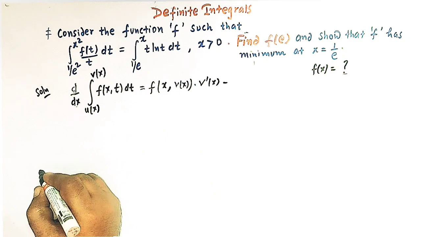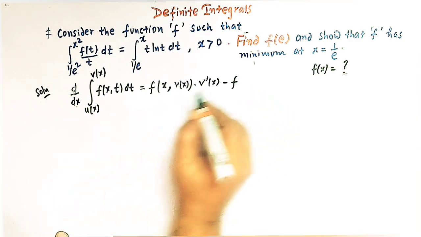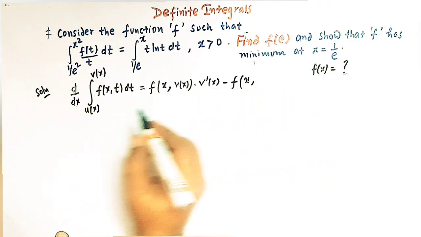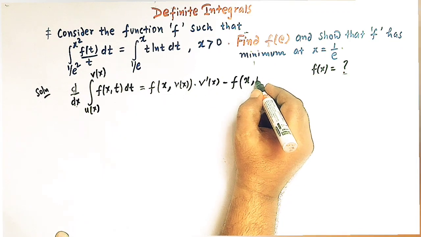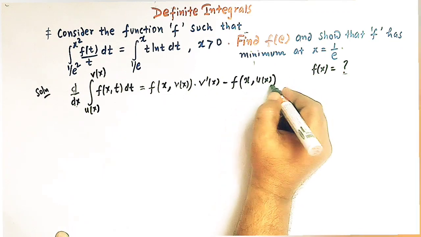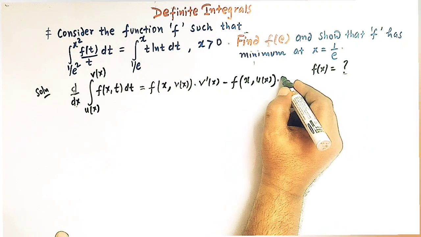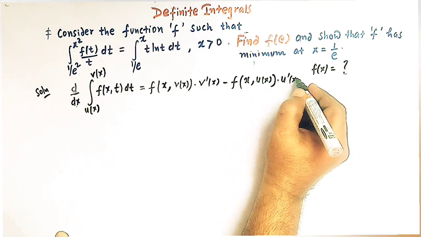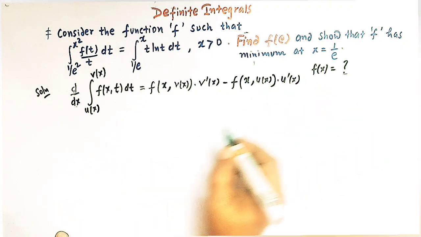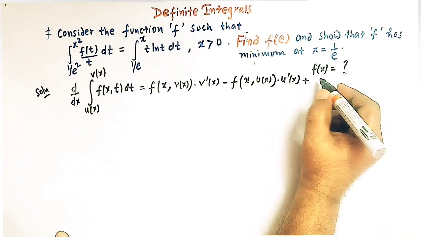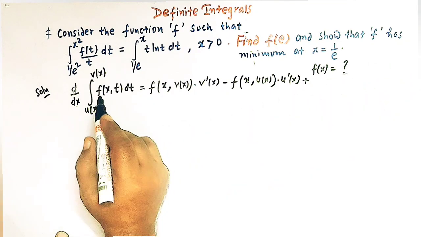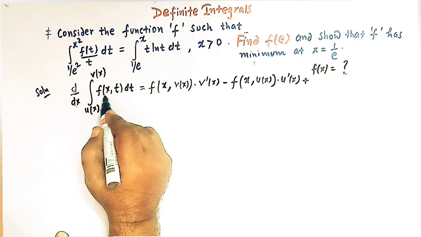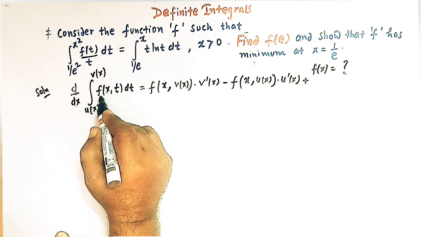Then we have the negative sign, then we have f of x comma, then we replace this t by u of x. So here we have u of x multiplied with the derivative of u of x, that is u prime of x, and then we have here a third term which is the partial derivative of this function with respect to x, right?